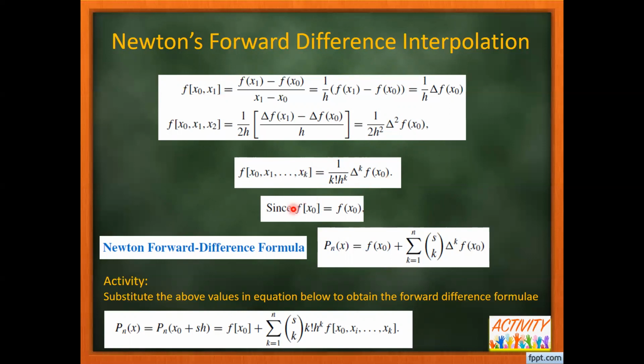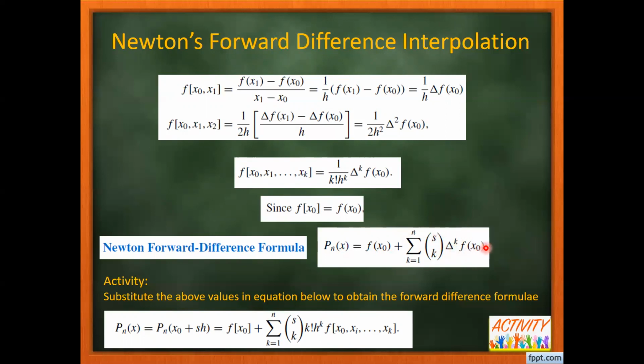Now since f of x0 is equal to f of x0, the simple function value, in Newton forward difference form, I can write down Pn of x will be equal to f of x0 plus summation k equals 1 to n binomial s k delta k f of x0.